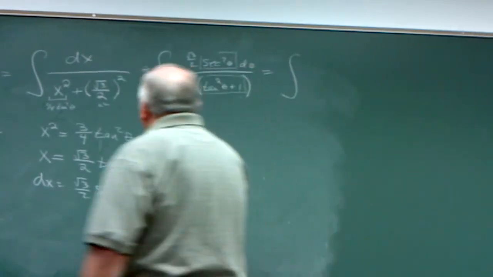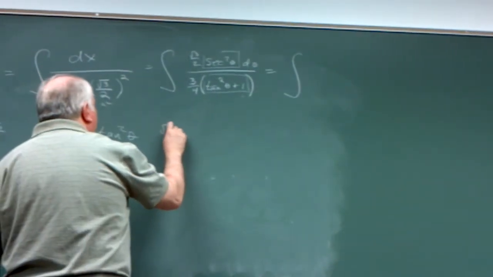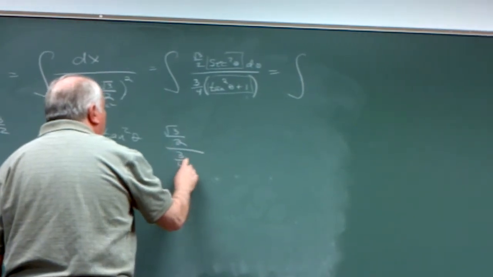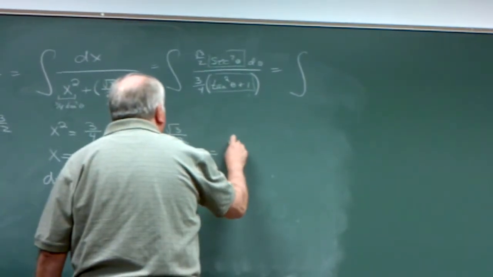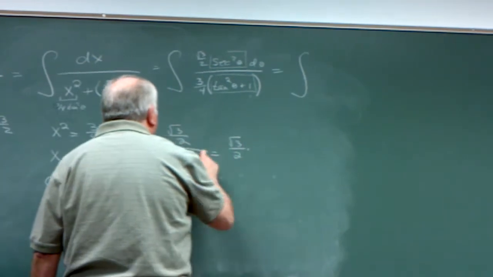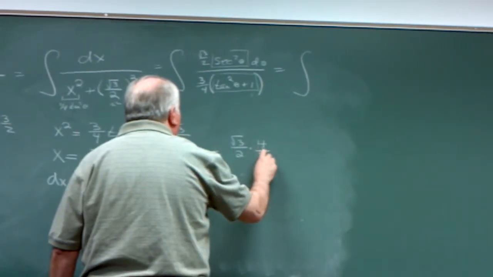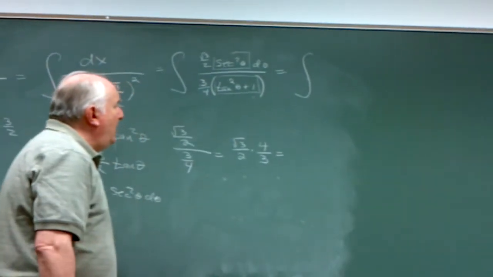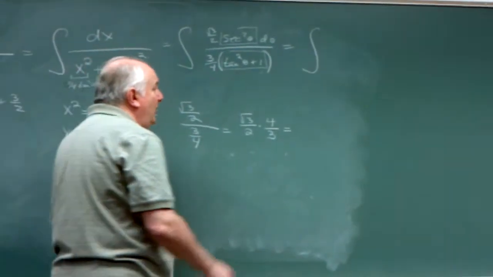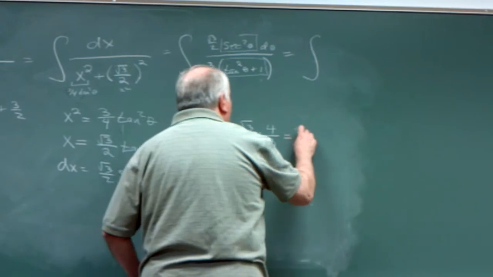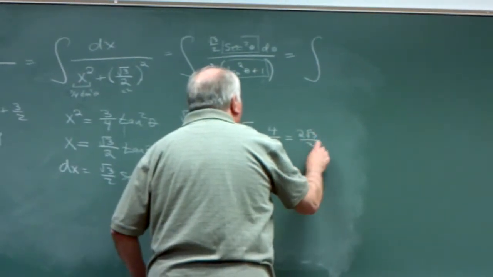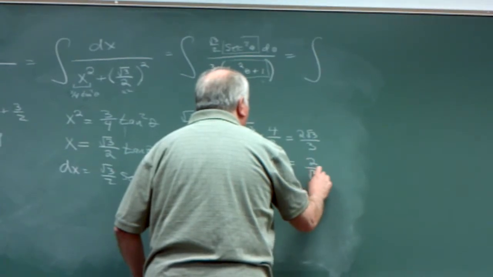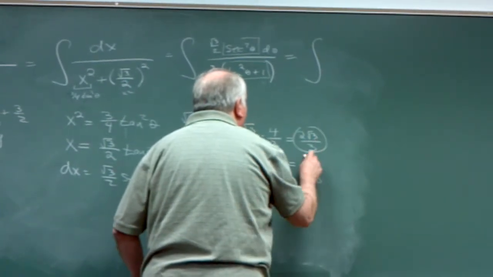We're left with root 3 over 2 divided by 3/4, which is root 3 over 2 times 4/3, which, depending upon how you want to write it, you can write this as 2 root 3 over 4, or 2 over root 3. So you can write it like this, or like that.